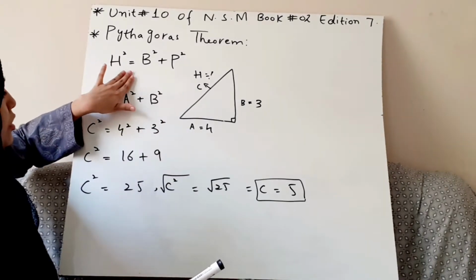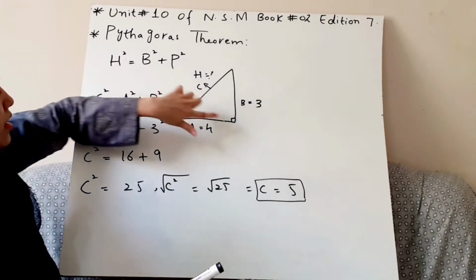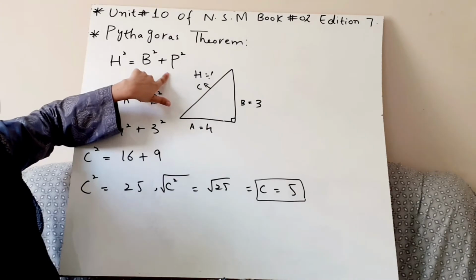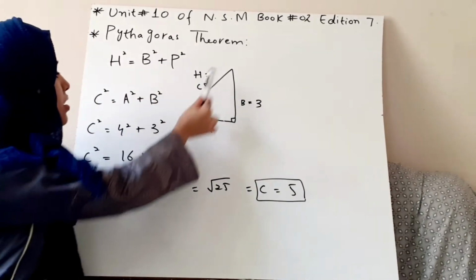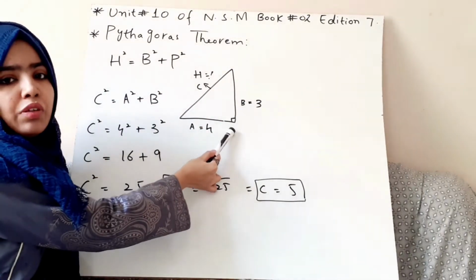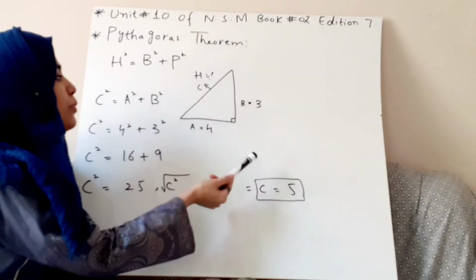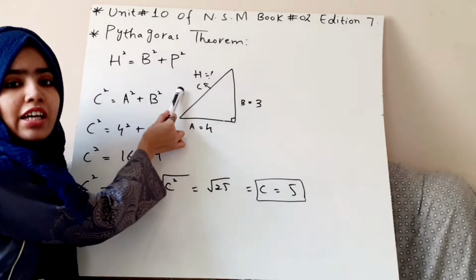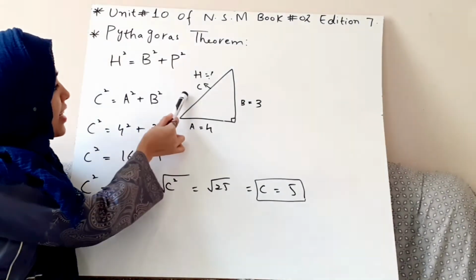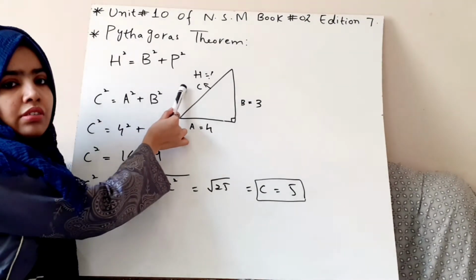Hypotenuse square equals base square plus perpendicular square. So that is the description of this theorem. That is base, you can call, that is perpendicular, it's up to you. But this side, which is the longest side of a right angle triangle, is called hypotenuse.